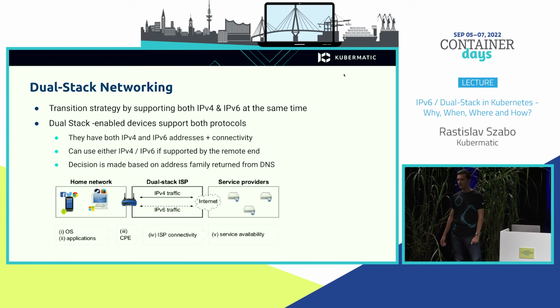And eventually, the service provider of the service that you are trying to reach needs to be both IPv4 and IPv6 enabled. If we are talking about Kubernetes, then we are looking at the right side of this picture, where we have service providers that can potentially run on Kubernetes. If we enable dual stack there, then we have the right side of this picture solved.